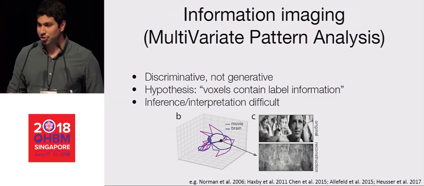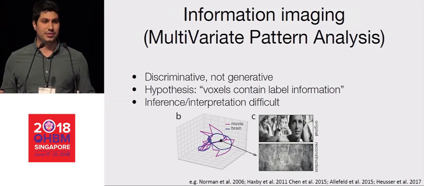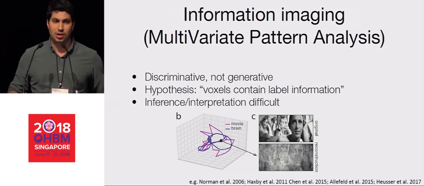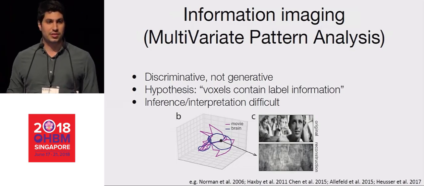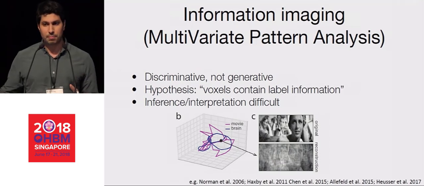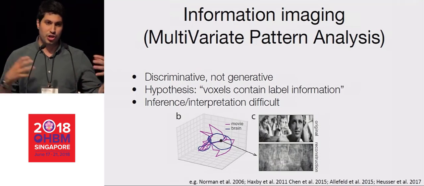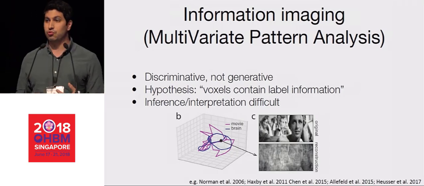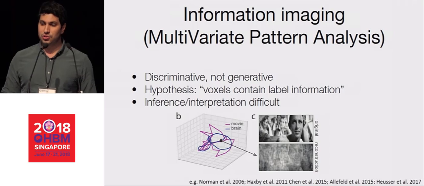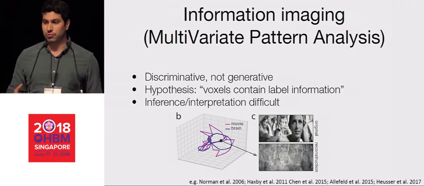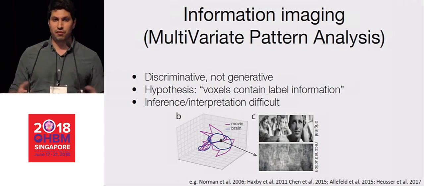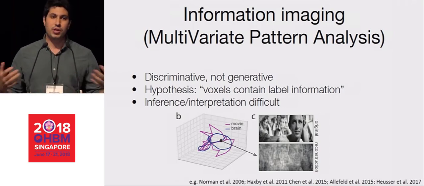So next on our journey was multivariate pattern analysis, MVPA. So a lot of tools like we saw just a few talks ago, utilizing a lot of the statistical and machine learning methodologies. And kind of the big jump here was moving from a generative modeling framework to more of a discriminative methodology. And so the hypotheses were a little bit looser, right? It was more along the lines of voxels contain label information, for example. Can we do classification?